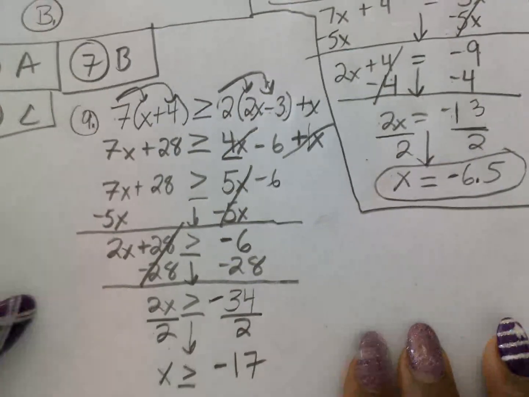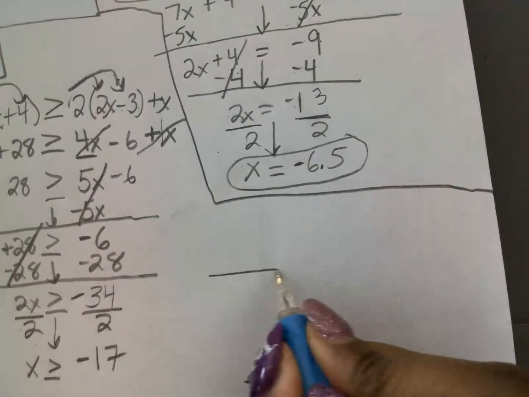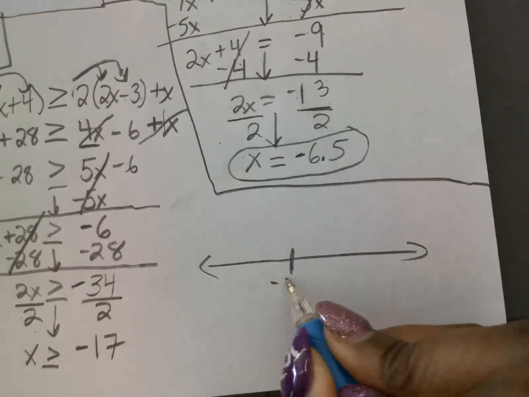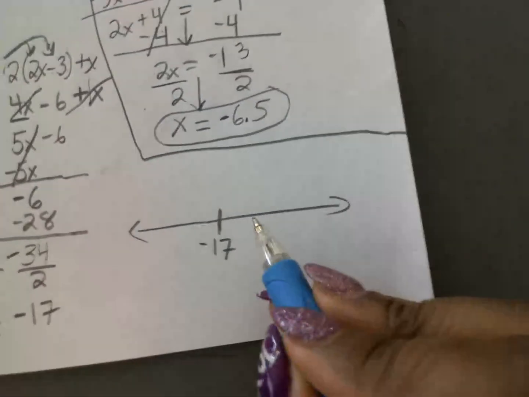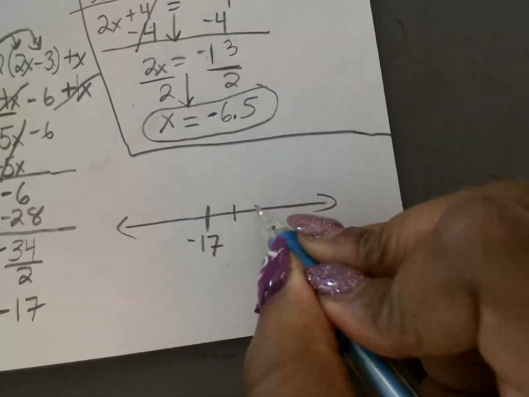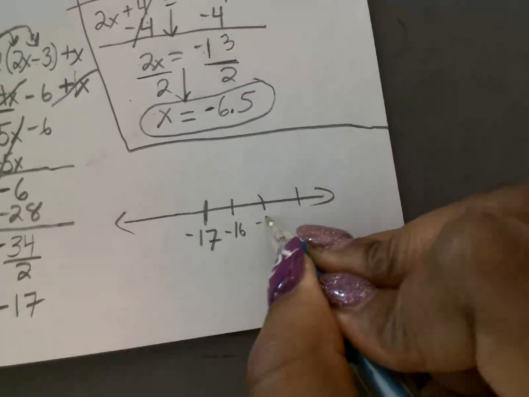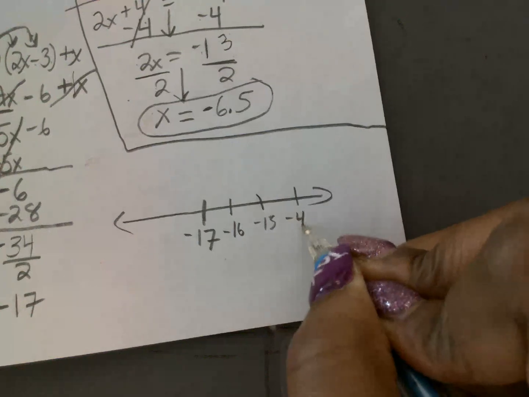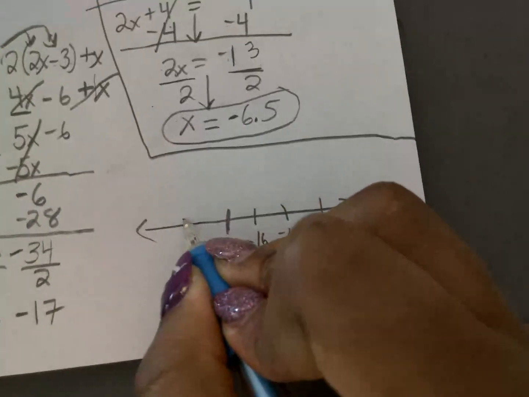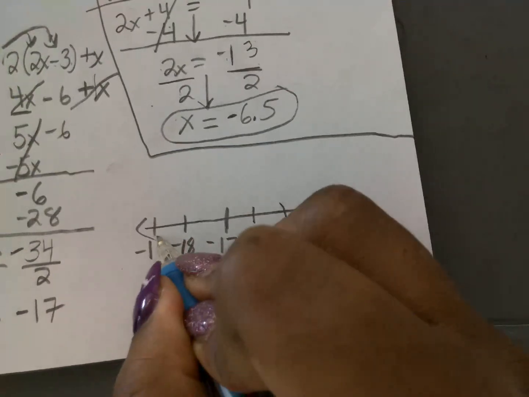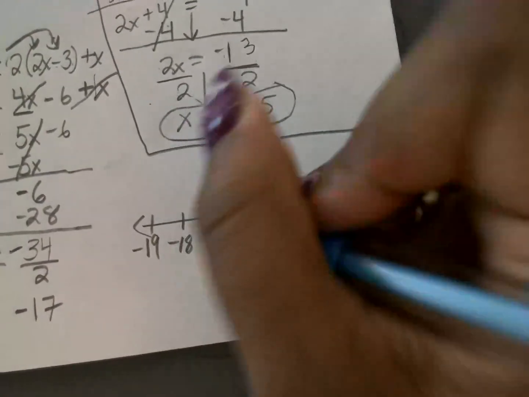So in order to graph this, you're going to put negative 17 in the center. The numbers get larger this way. So that's negative 16, negative 15, negative 14. Oops. Larger this way, that's negative 18, negative 19, so on and so forth.